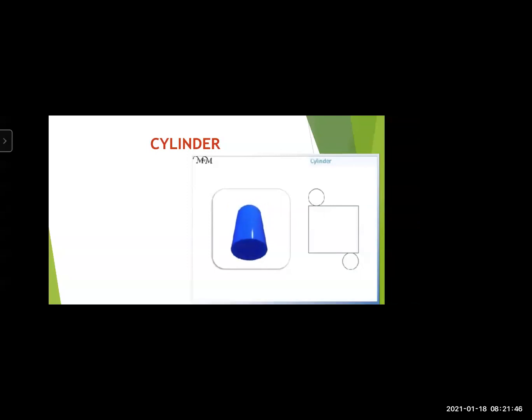Here, to the top, to the bottom, there are two circles. Now let's see what this shape is and how it looks like and what are their properties. The name of this three-dimensional figure is cylinder.